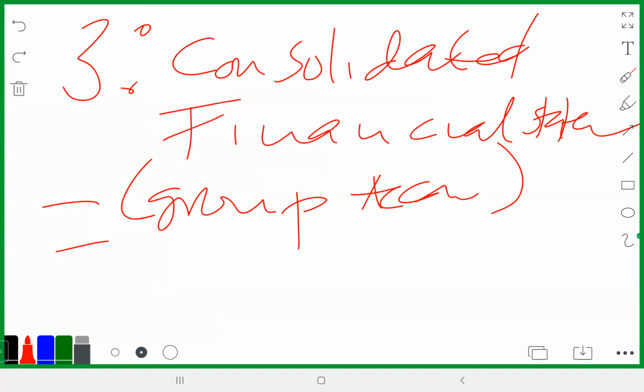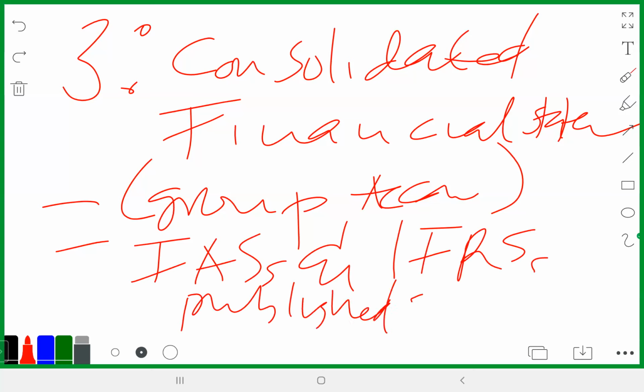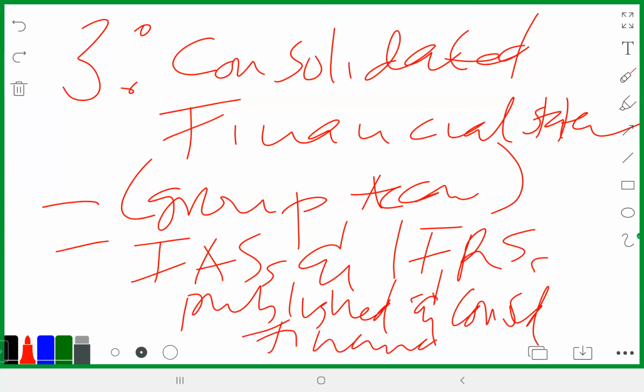We introduce you to the international accounting standards and the international financial reporting standards that relate to the published accounts and the consolidated financial statements. So here we don't just look at any common international accounting standards and international financial reporting standards.